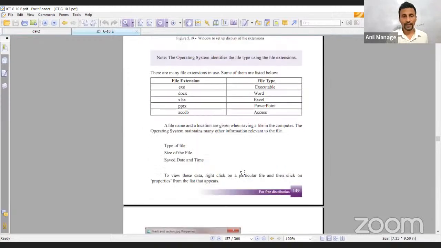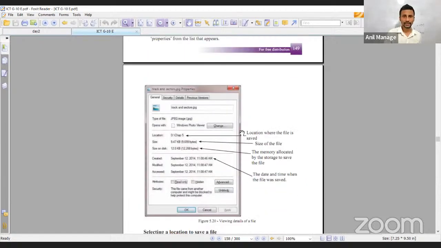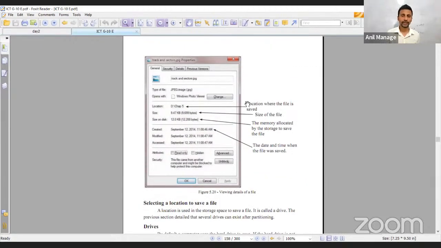When you right click on the file and go to properties, you can see this stuff. These are the different extensions. From this part also you'll get questions, like exe for the executable, especially setups. DOCX for Word, XLSX for Excel, PPTX for PowerPoint. These are from Office 2007 onwards. Earlier you had only DOC for Word. Remember that part also. ACCDB for Access.